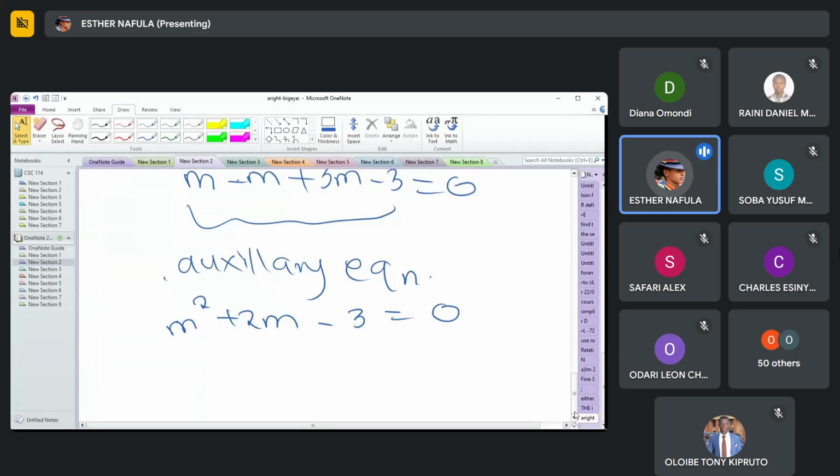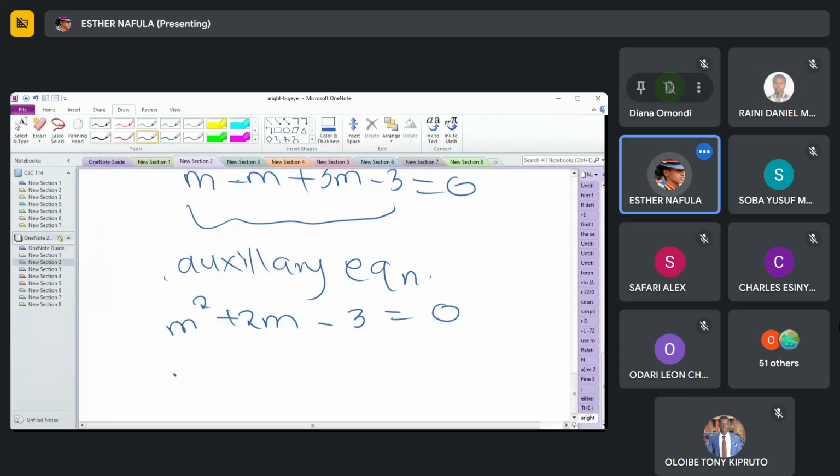When you solve m squared plus 2m minus 3 equals 0, what do you find? We need the roots. One and negative 3.